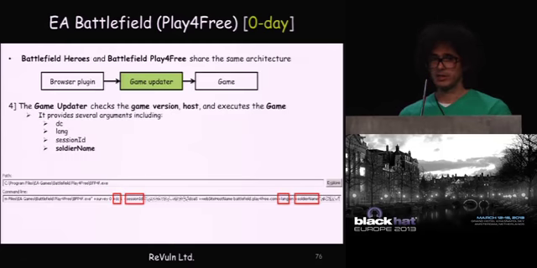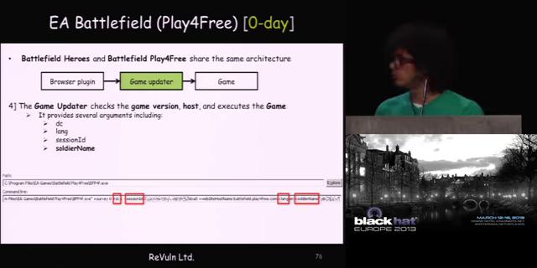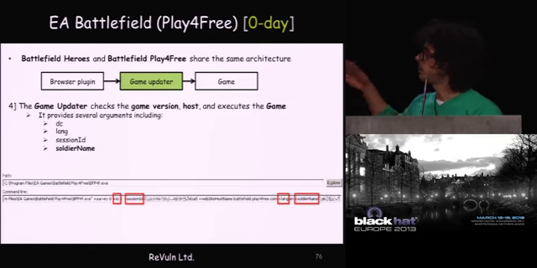Now, the game updater has a particular job. Obviously, it updates the game or installs it if it's not already installed. Then it takes these four options provided by the plugin and uses them to launch the game itself.